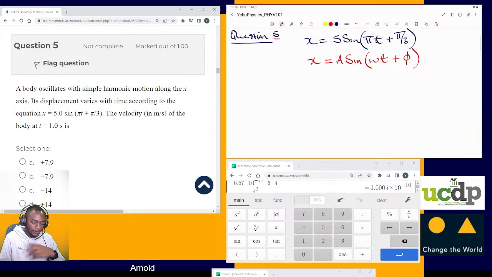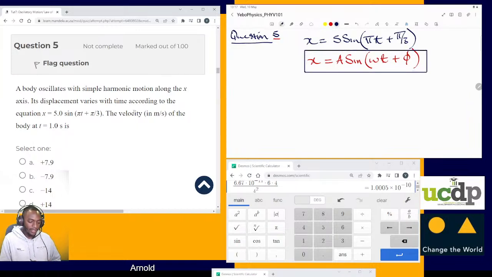That means our amplitude is 5, the angular velocity is pi, and our phase offset is pi over 3 radians.